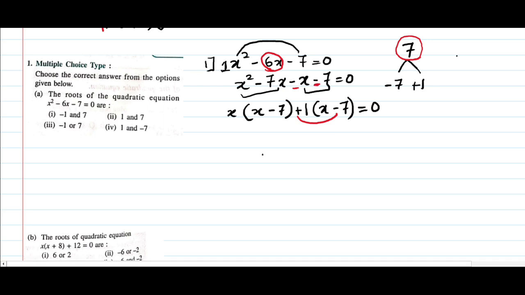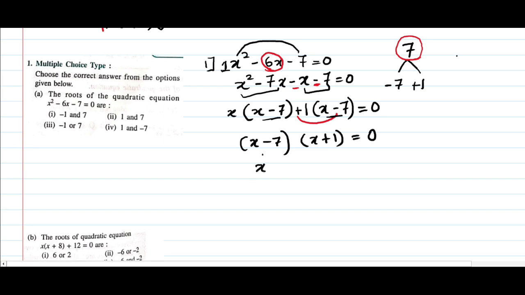So after writing like this, we have to write the common terms one side. Here the common terms are x minus 7 and x minus 7. We will write it one time, and the leftover terms are x plus 1, which is equal to 0.